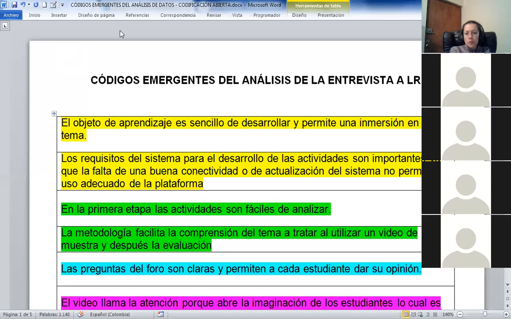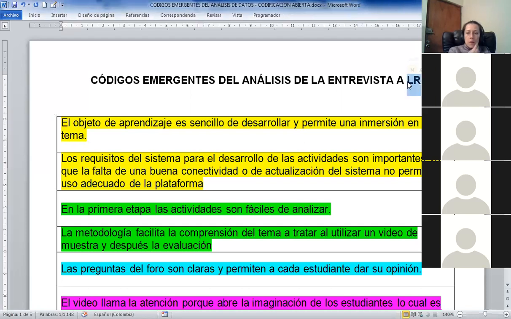Well, I'm going to start. We didn't get more students. What you see on screen are the codes that one group found after analyzing the data of the interview to LR.